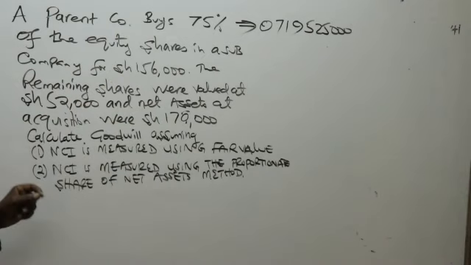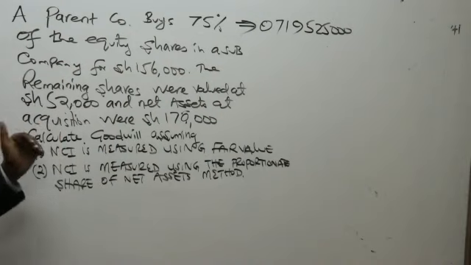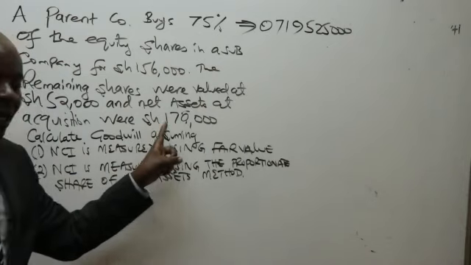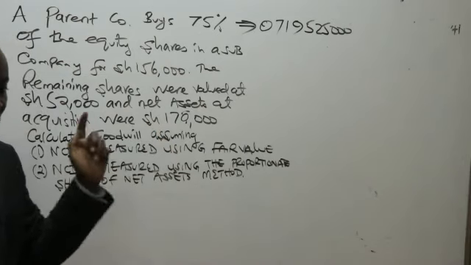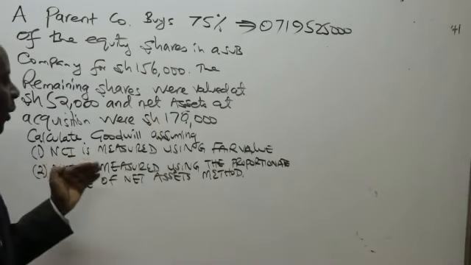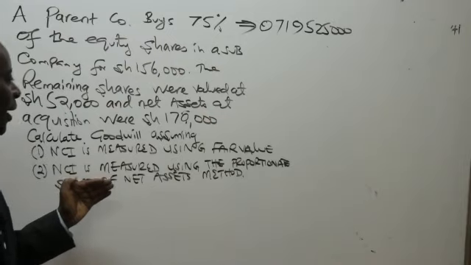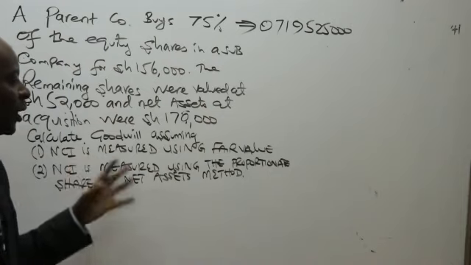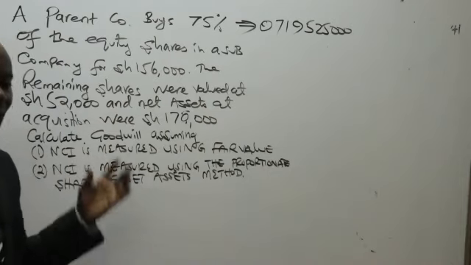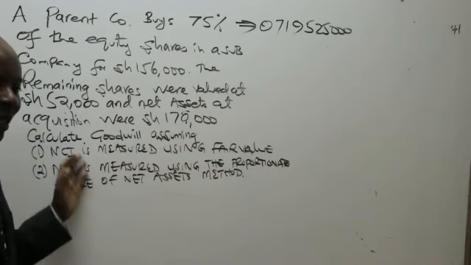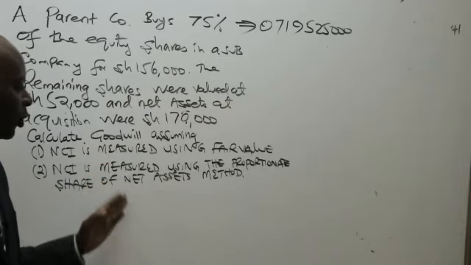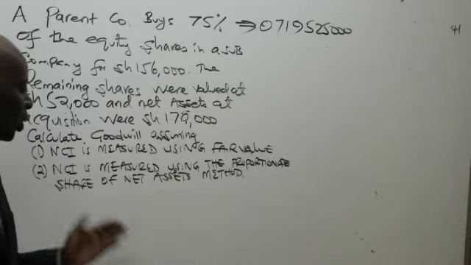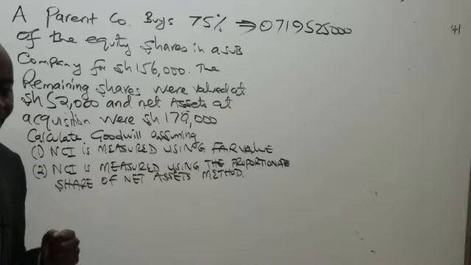The remaining shares were valued at shillings 52,000, and the net assets at acquisition were worth 170,000. So they want us to calculate goodwill, assuming that NCI, which is non-controlling interest, is measured using fair value. Then goodwill, assuming NCI in the second scenario is measured using the proportionate share of net assets method.